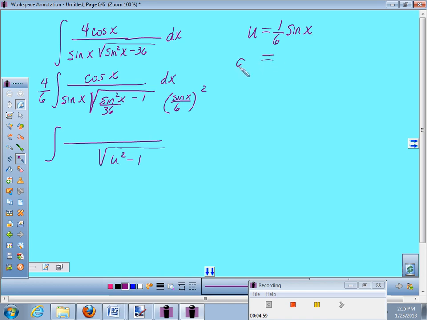So the derivative will become 1/6 cosine. That's no big deal. When I move it to the other side, the 6 will end up where? The 6 will end up on top, so we'll end up with 6 over cosine times du. So I'm subbing in dx.